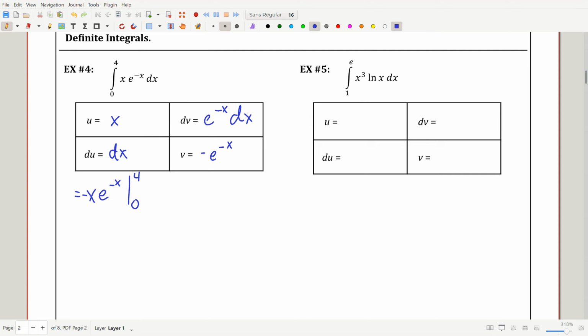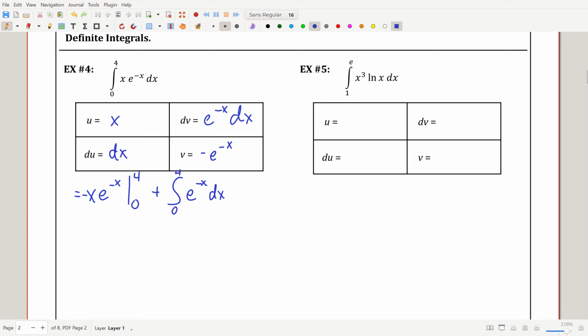And then from that, we've got to subtract the integral of v du, but that's got a negative in it, so I'll make this positive. I swear not everyone just ends up repeating that same derivative. I didn't realize that. And that should have limits on it, 0 to 4.